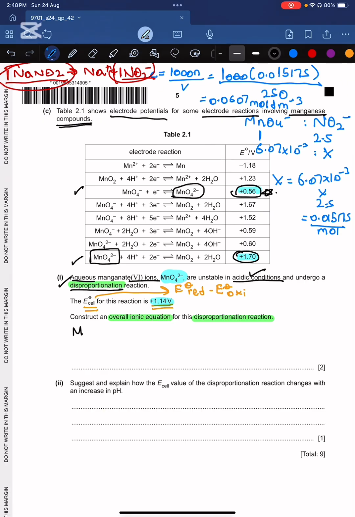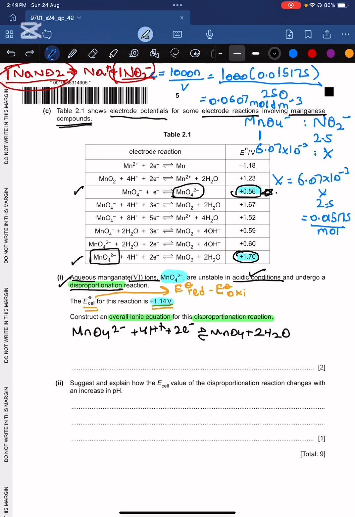I write both of these reactions here first. MnO4 2 minus plus 4H plus 2e minus becomes MnO2 plus 2H2O. And for the oxidation reaction, which is this one, I just flip it. Always remember, the oxidation reaction will involve the loss of electrons and a negative E naught value, or in this case, a less positive E naught value.